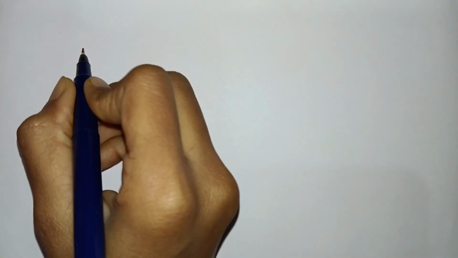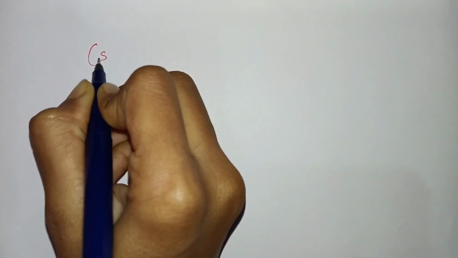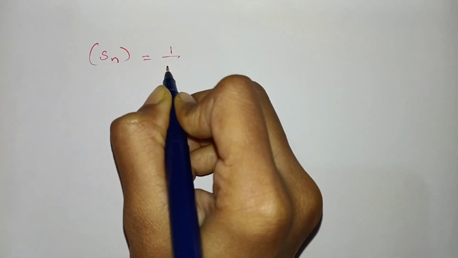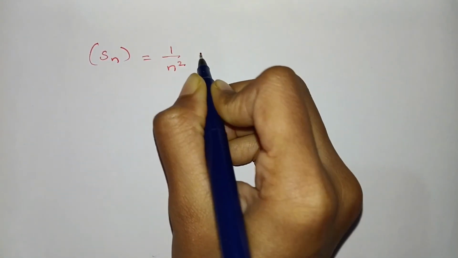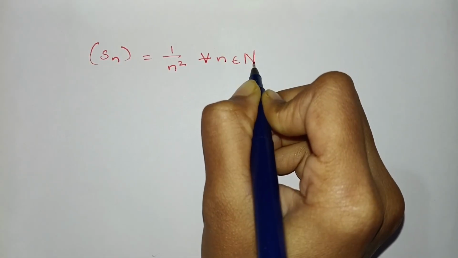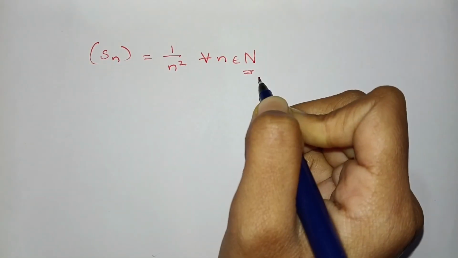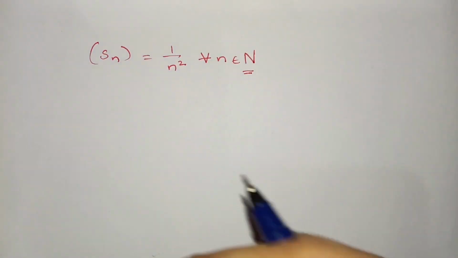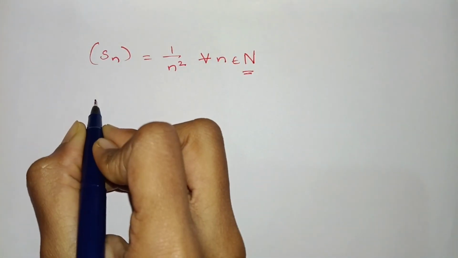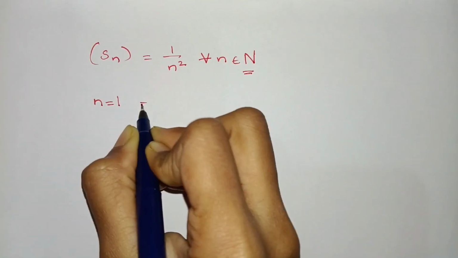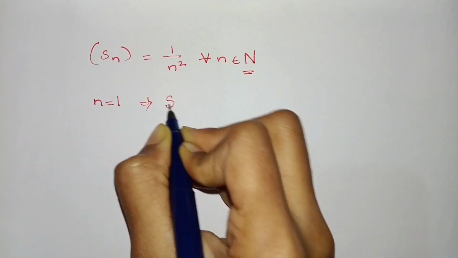So now let us consider a sequence. If there is a question like this, Sn equal to 1 by n square for n belongs to N, where N is the natural numbers. First we need to consider a few natural numbers starting with 1. For example, n equal to 1, S1.